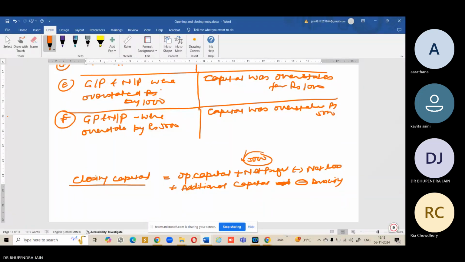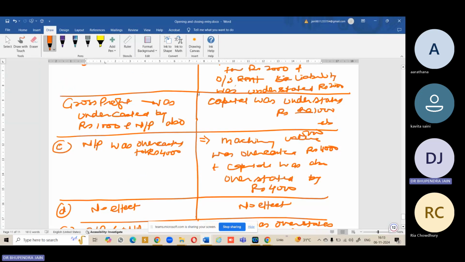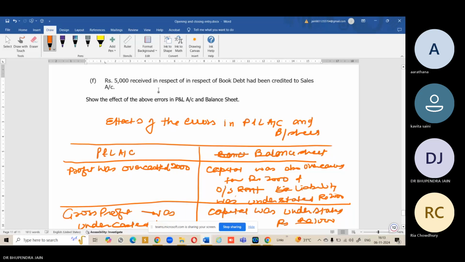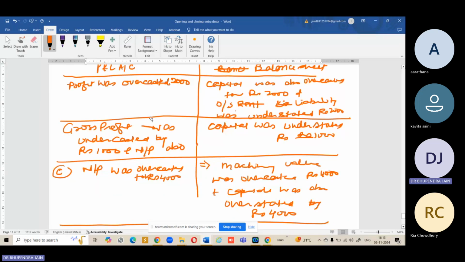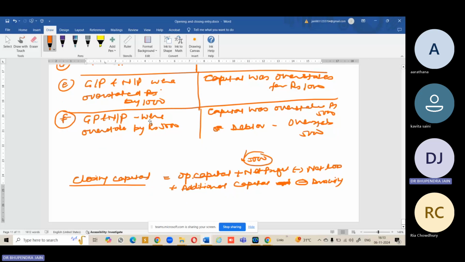But your debtor is also overstated by rupees 5,000, because in place of the debtor's receipt, we have transferred it to the sales account, so your debtor is also increased. This is the effect of such a transaction in the profit and loss account as well as in the balance sheet.